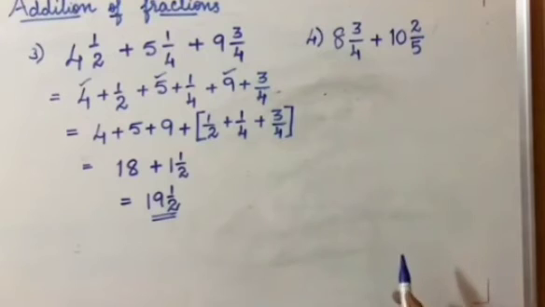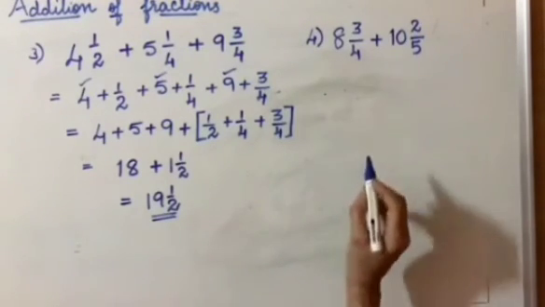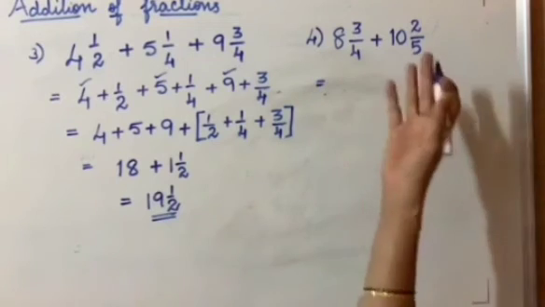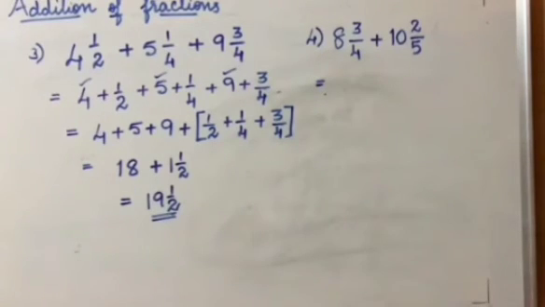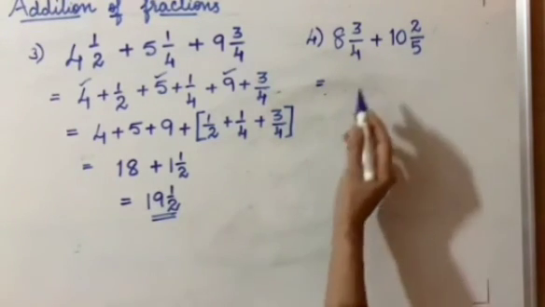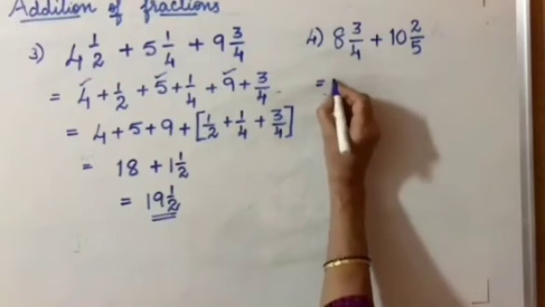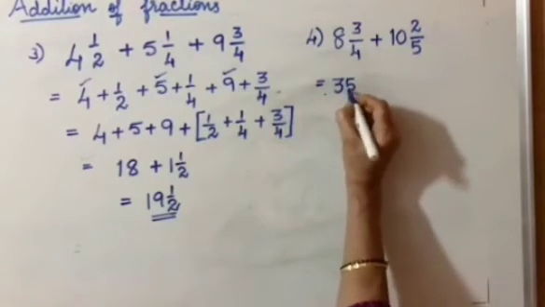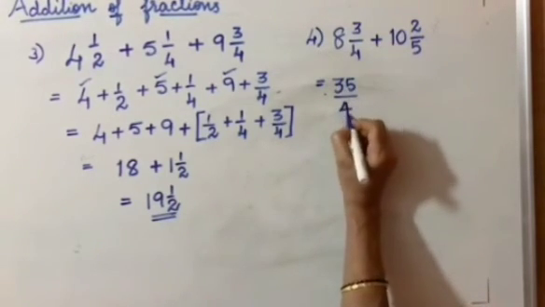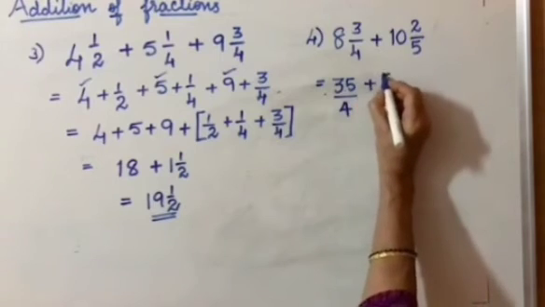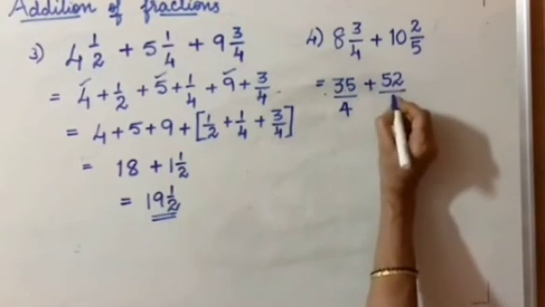No, this time you are not lucky. You have now 10 2 by 5. So the only way you can do is, now I'll show you mixed converting into improper. You can also split and do. I'll show you this method also. So 8 4s 32. 32 plus 5 is 35 by 4 plus 52 by 5, children.